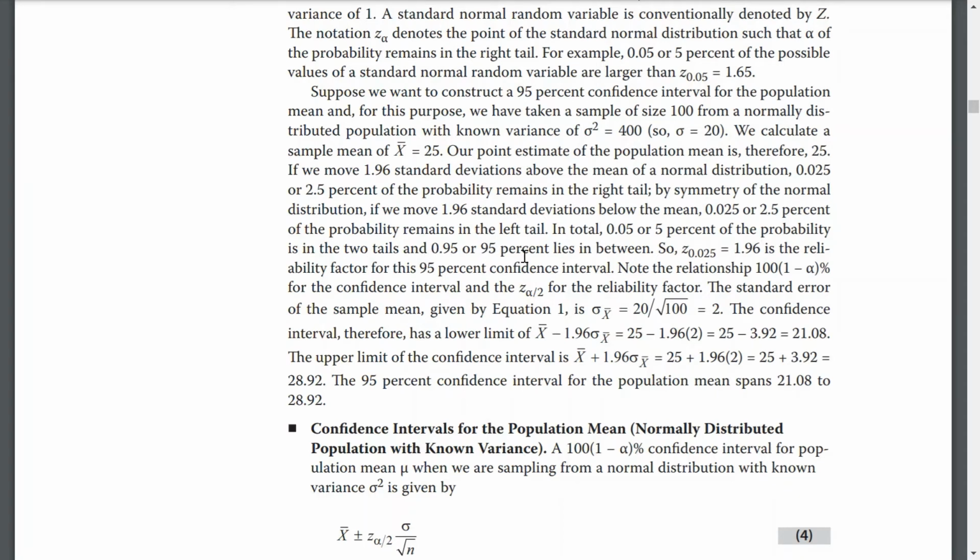So z sub 0.025 equals 1.96 is the reliability factor for this 95% confidence interval. Note the relationship between 100 multiplied by 1 minus alpha percent for the confidence interval and z sub alpha divided by 2 for the reliability factor.